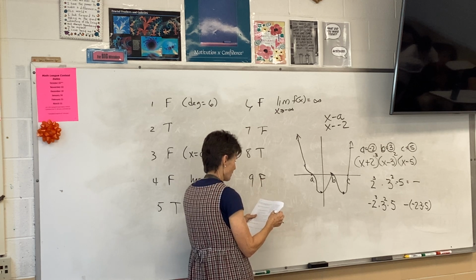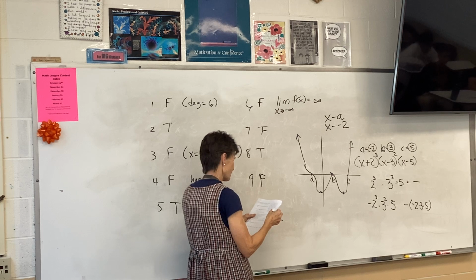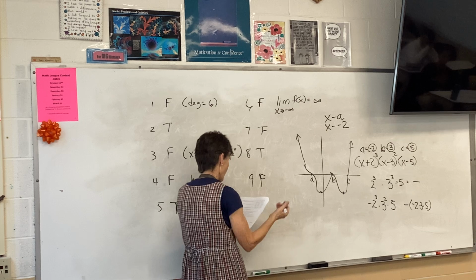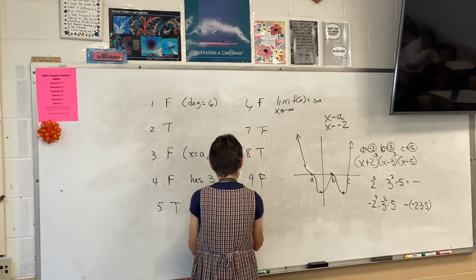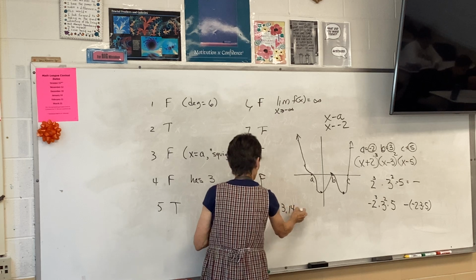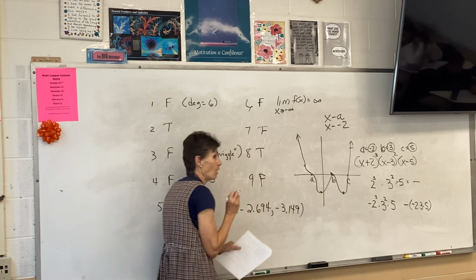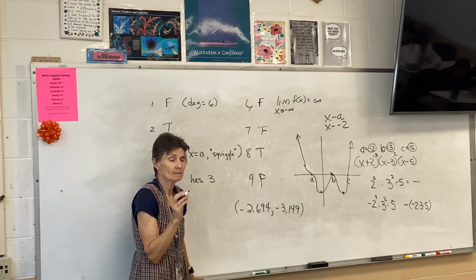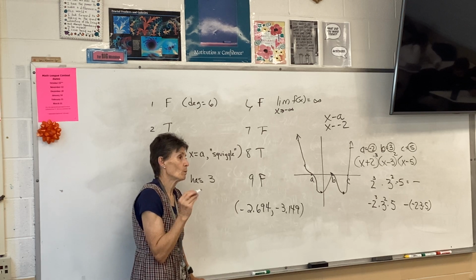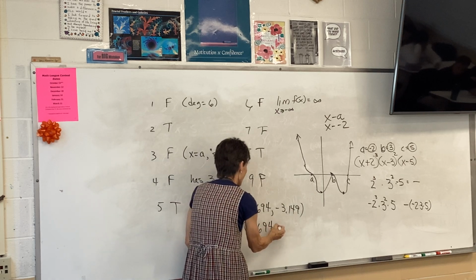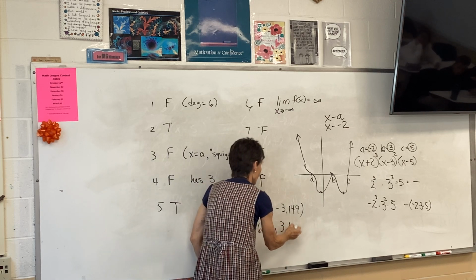All right, how about, are there any good ones I can pick? All right, I'll just use negative 2.694, negative 3.149. That point is on the graph, right? If the function is odd, what point would have to be on the graph? 2.694 and 3.149?